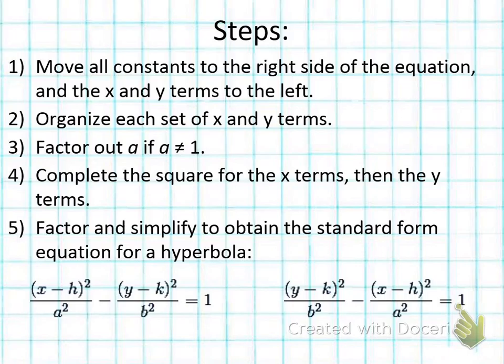And then if there's a coefficient that's not equal to 1 in front of the x squared or in front of the y squared, you factor that out. And then you complete the square for the x's and complete the square for the y's, and factor and simplify until you create one of these two standard form equations for the hyperbolas.